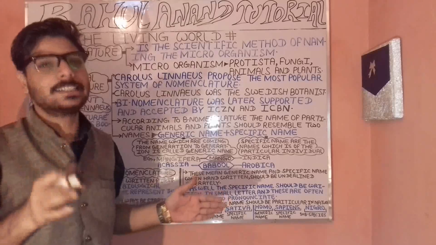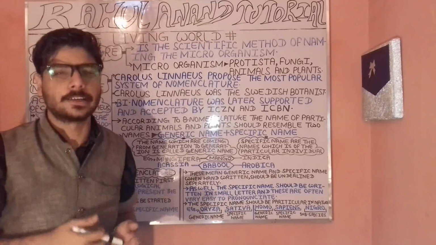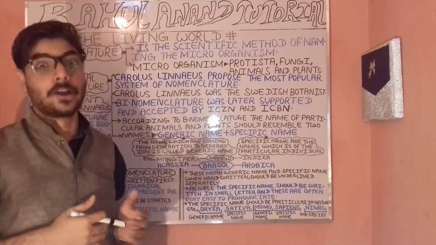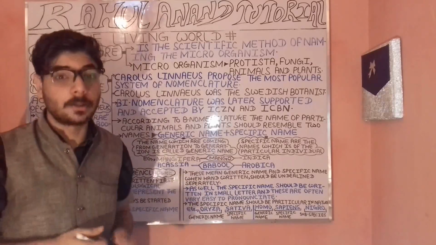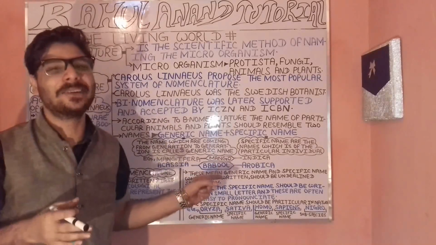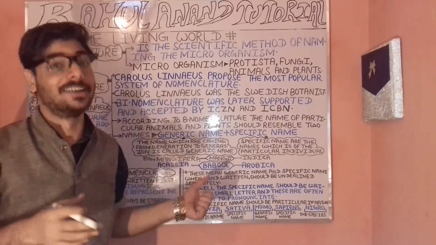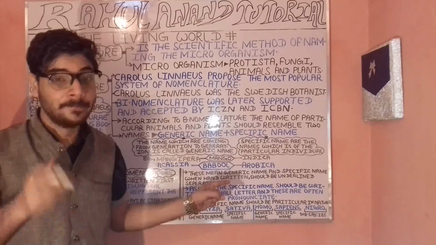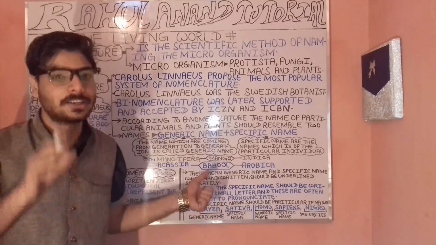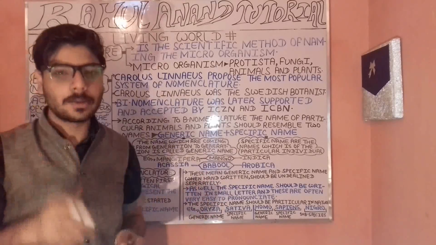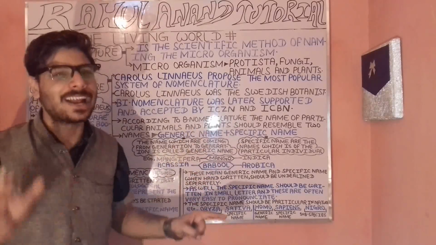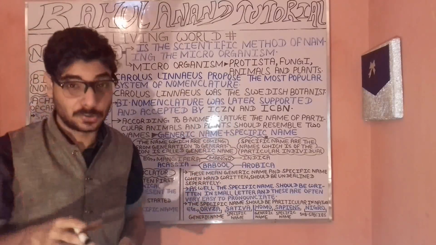When we are talking about binomial nomenclature, you have to remember certain facts. According to binomial nomenclature, the names of plants and animals should have two parts: the generic name and the specific name. The generic name is the name which comes from generation to generation.